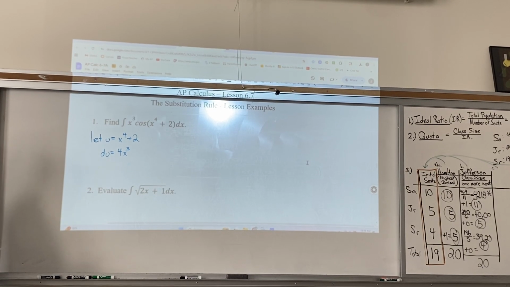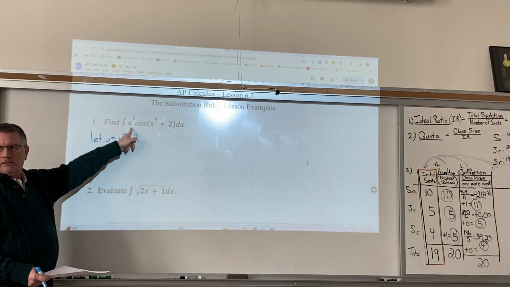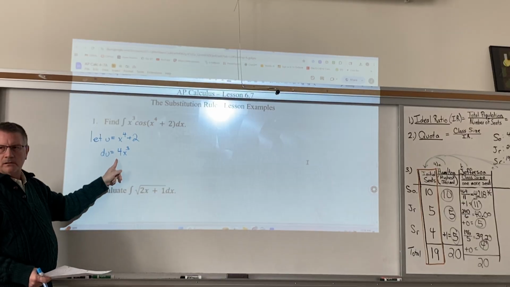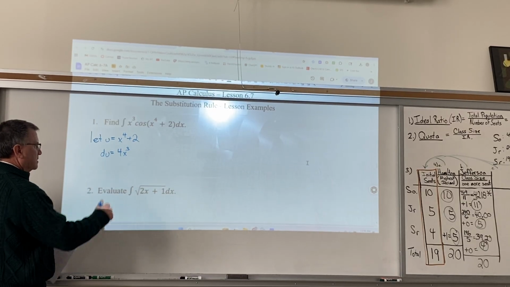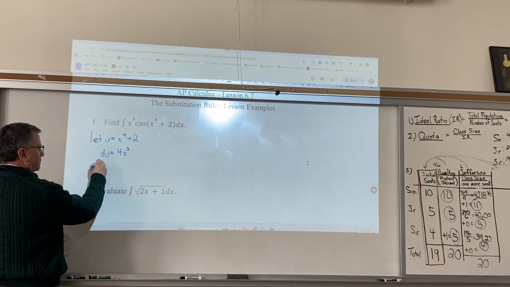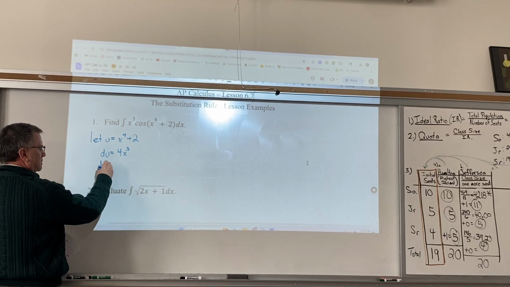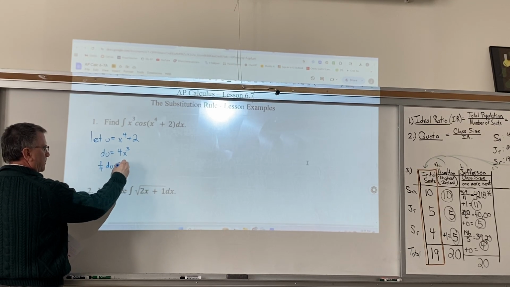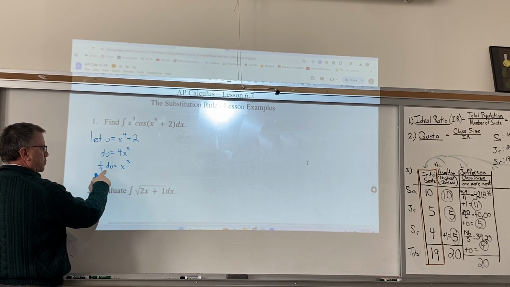Right? The thing I don't see up here, I see the x cubed, right? I don't see a 4. So here's what I'm going to do. Just divide the 4 over here. And that will allow for a quick substitution.